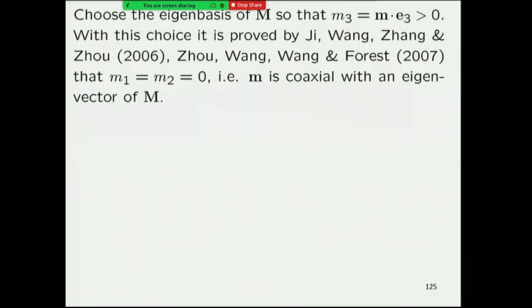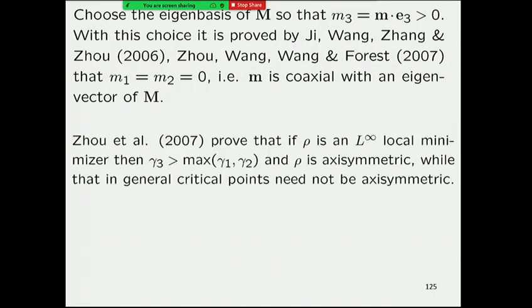And then these guys proved that in fact m1 and m2 are 0, so that means that the first moment is coaxial with an eigenvector of m. And also they proved that if rho is an L infinity local minimizer, then gamma 3 is bigger than the maximum of gamma 1, gamma 2, and rho is axisymmetric. Whereas in general, critical points need not be axisymmetric.